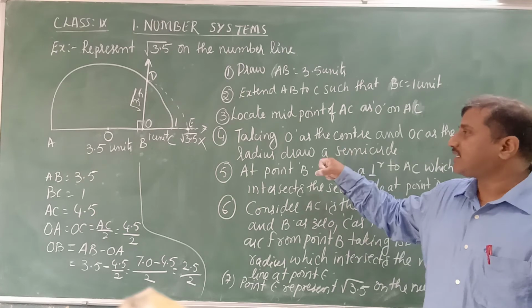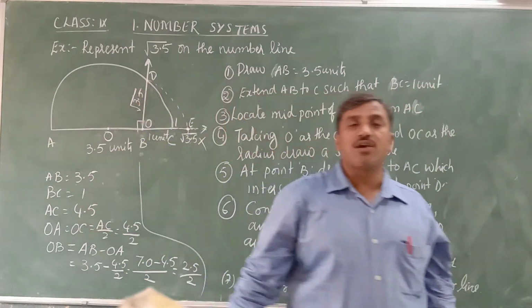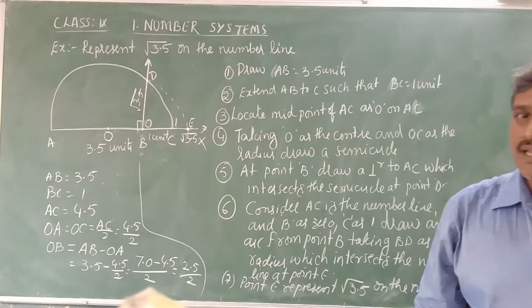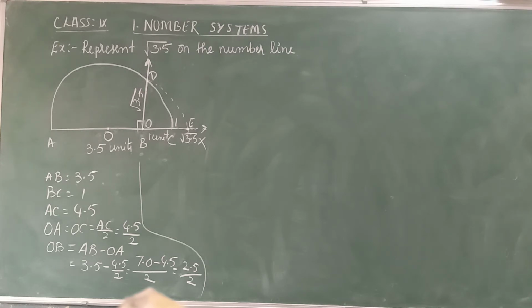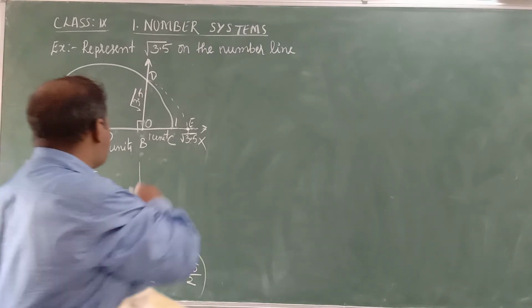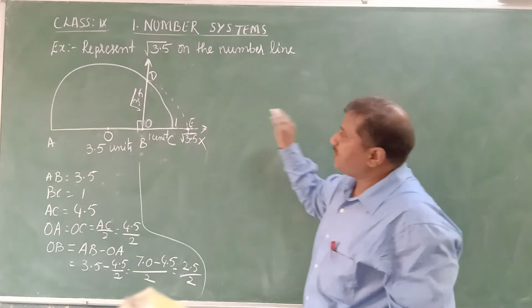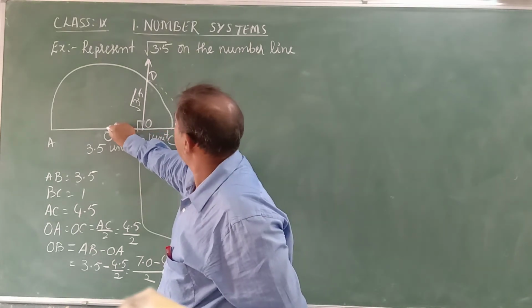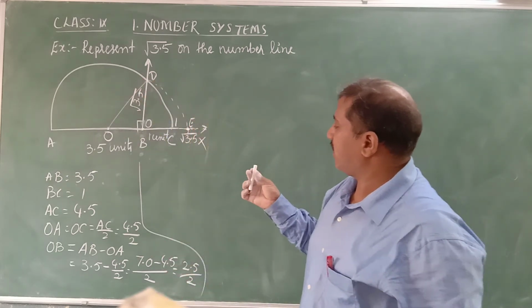Yes. Now we will discuss how you can say that this BD is root 3.5. How do we prove? Join OD. Now it is a right angle triangle.